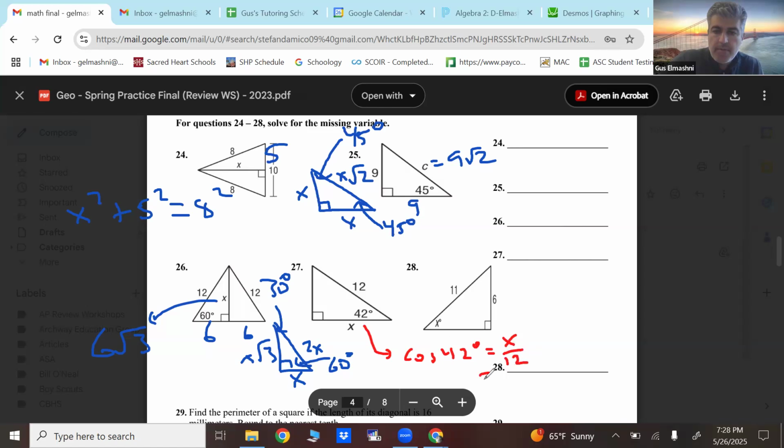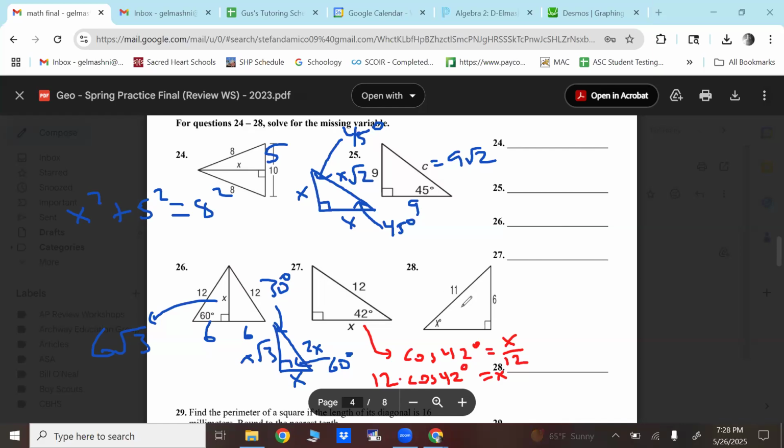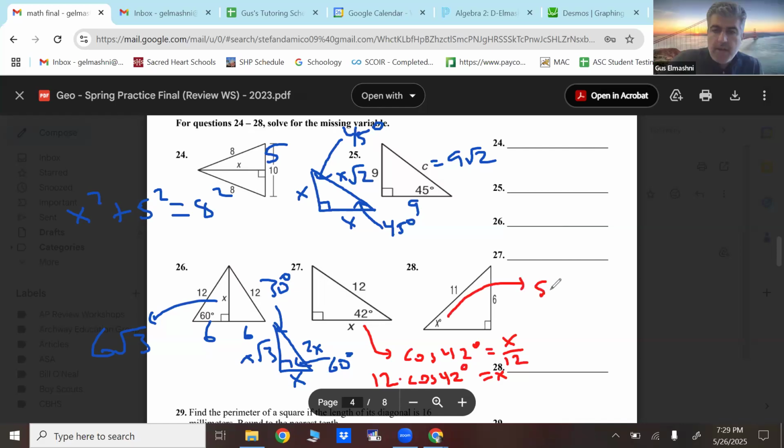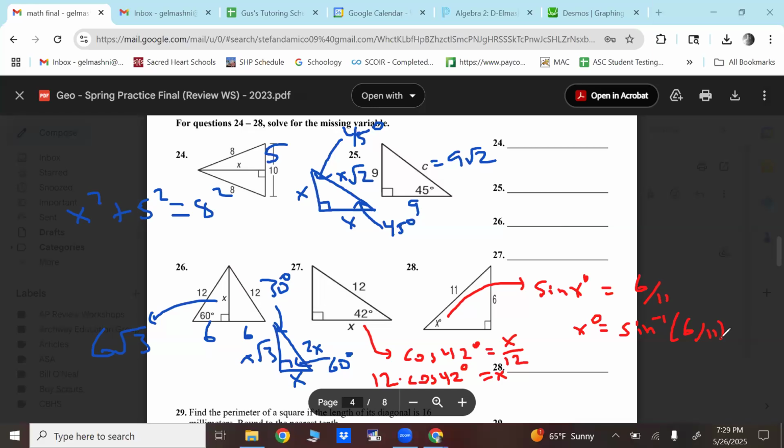And here, sine x degrees. You might work that out.